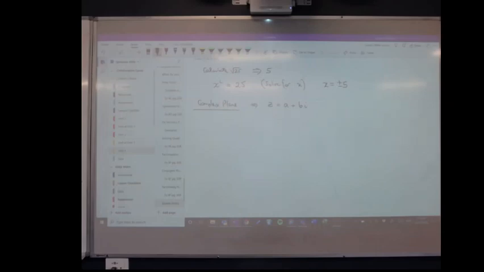So what if I asked you to solve this question? Let's say it was z squared equals 3 minus 4i. Solve that. So how many roots do you expect there to be? How many possible answers for z do you expect there to be? 1, 2, 2, 2.